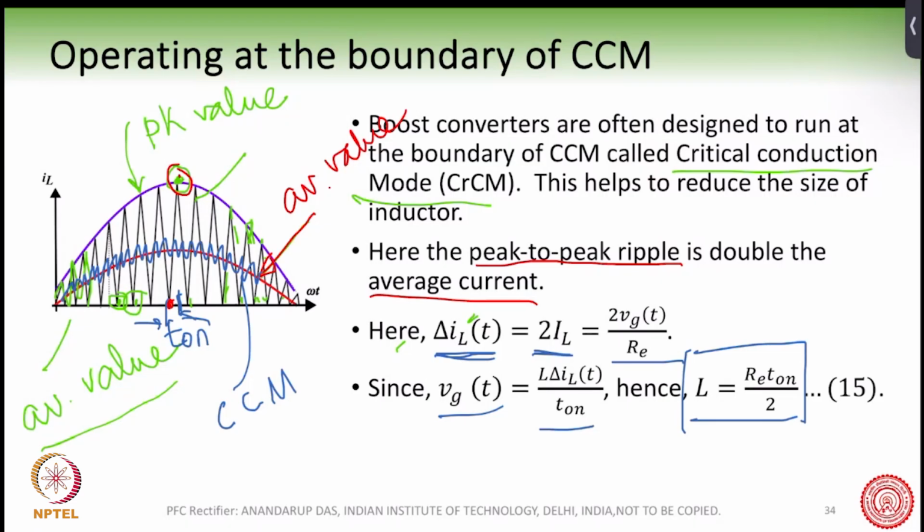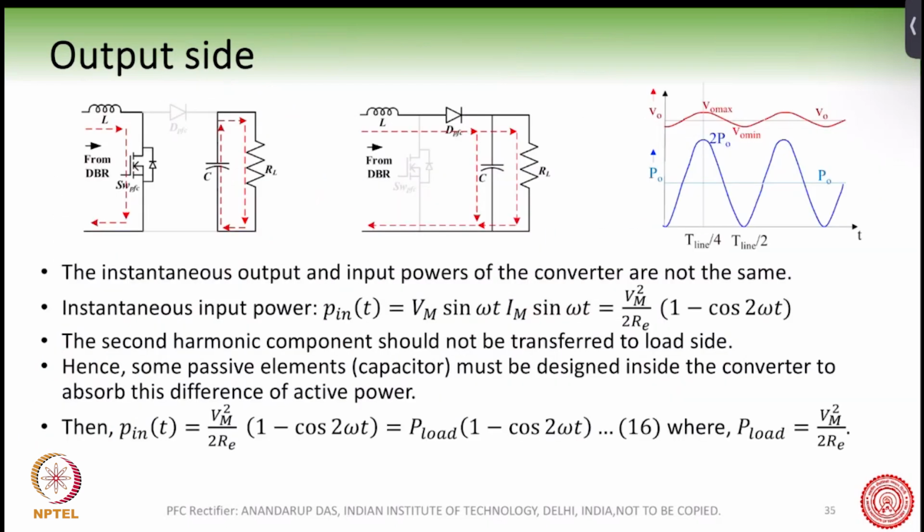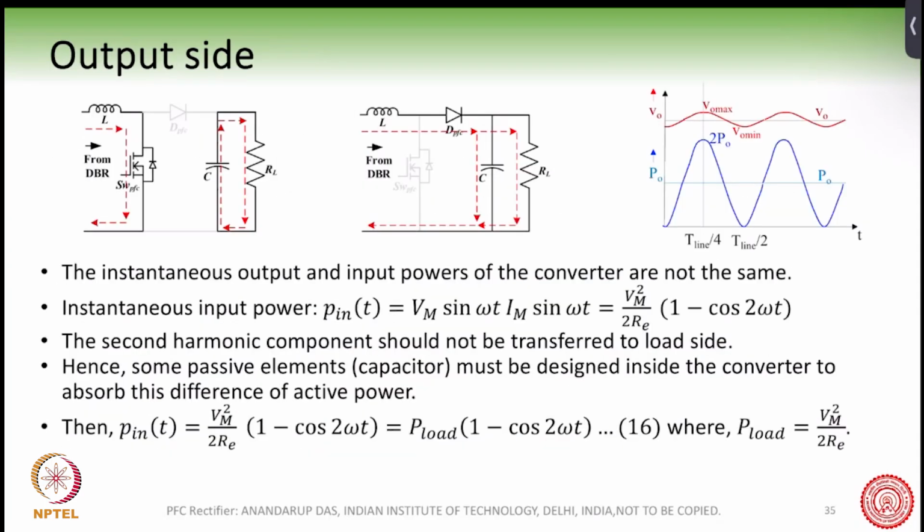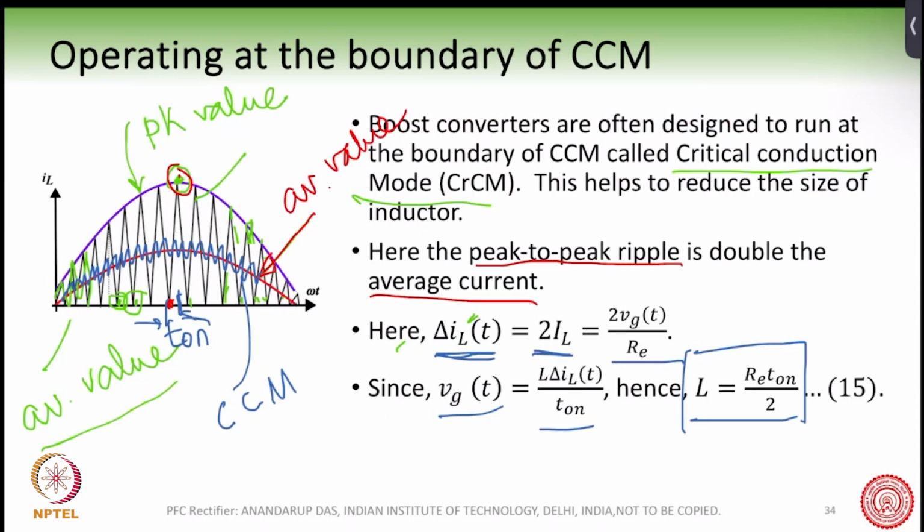So what I want to say here is that, okay, we will take it up in an example. But the inductor value will decrease in CRCM, but the size of the inductor may not necessarily go down because the current which is flowing through the inductor is now double the value of what was there in CCM.